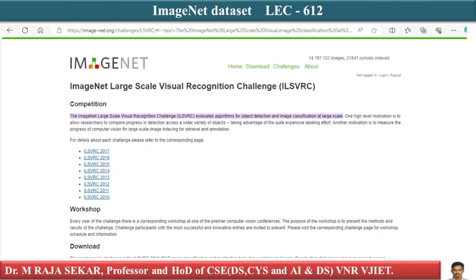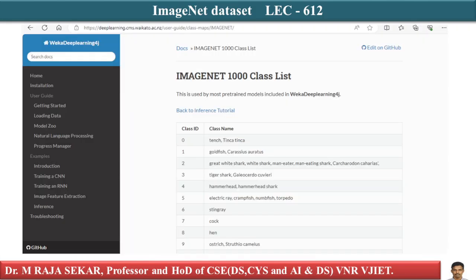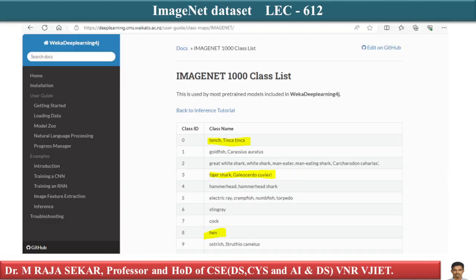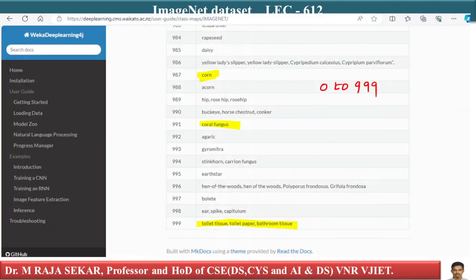Remember, on the ImageNet dataset, people from classical computer vision and image processing had been trying for a few years to get very good accuracies on 1000 class classification. Here I have the ImageNet 1000 class list, and you can see this 1000 class list also.